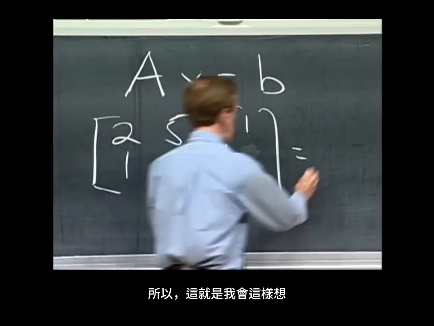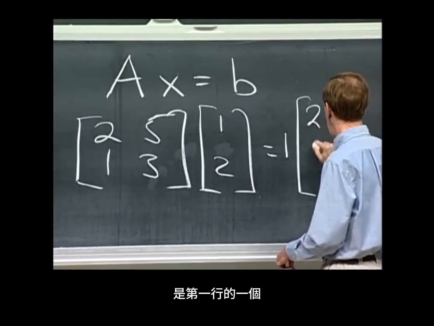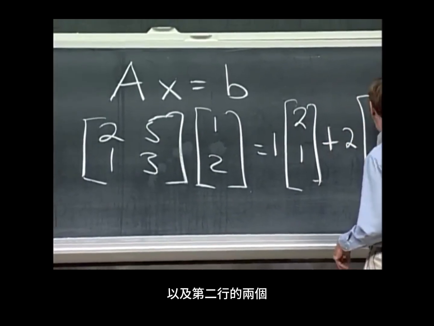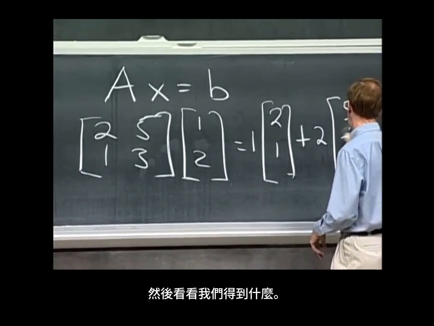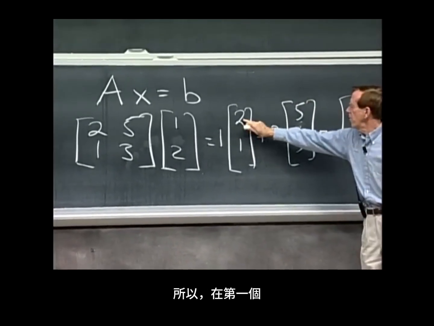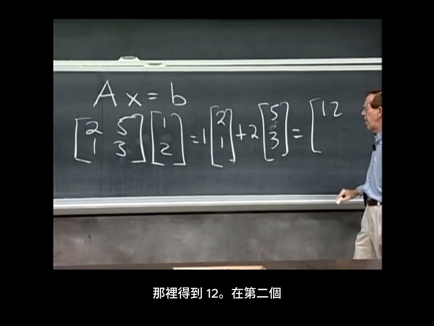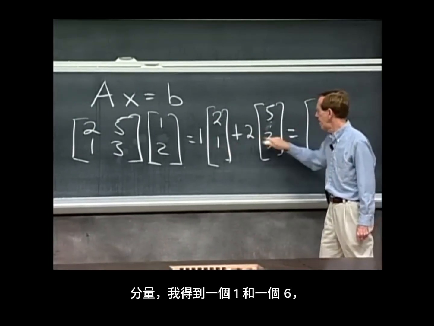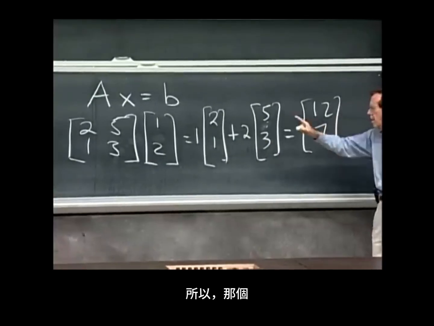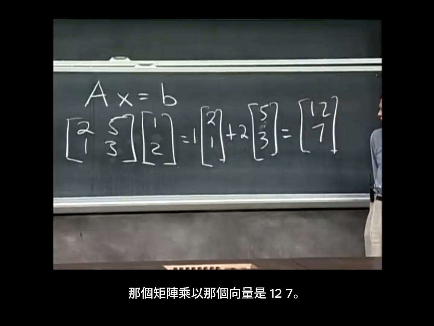So this is one of the first column and two of the second column, and let's just see what we get. In the first component, I'm getting a 2 and a 10. I'm getting a 12 there. In the second component, I'm getting a 1 and a 6. I'm getting a 7. So that matrix times that vector is 12, 7.